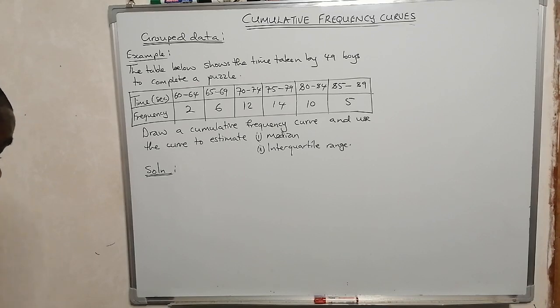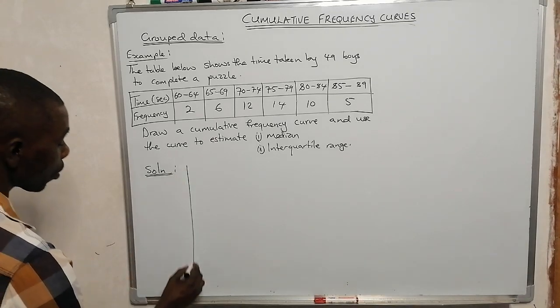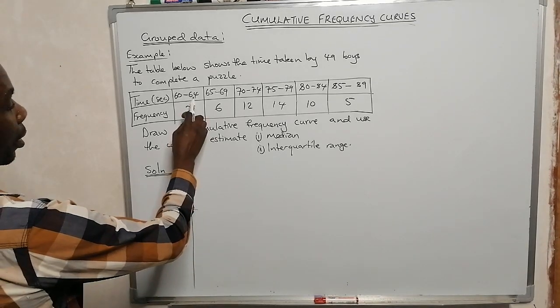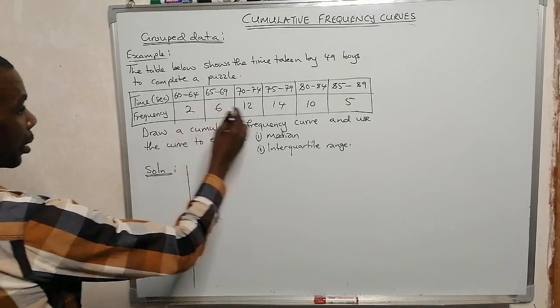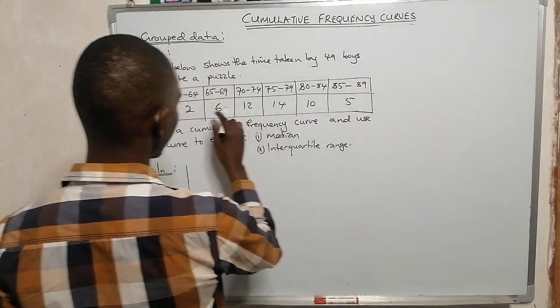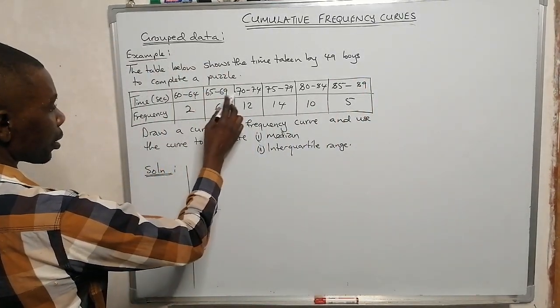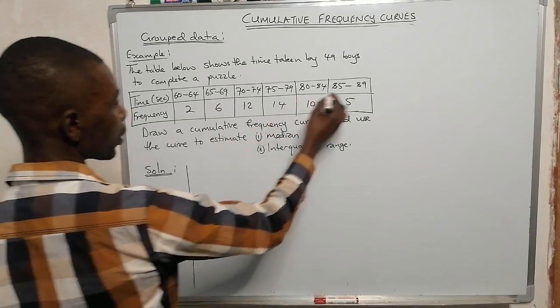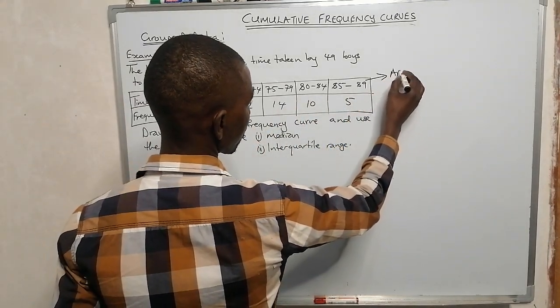Right, now we have to redraw another table. Remember, these are apparent classes, since this number is different from this one, which is different from this one. So they are called apparent classes.